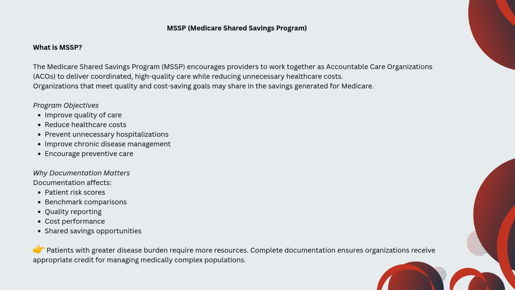Organizations that meet quality and cost-saving goals may share in the savings generated for Medicare. Program objectives: improve quality of care, reduce healthcare costs, prevent unnecessary hospitalizations, improve chronic disease management, encourage preventive care.